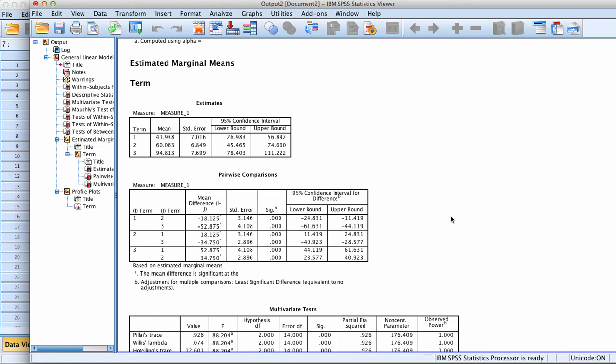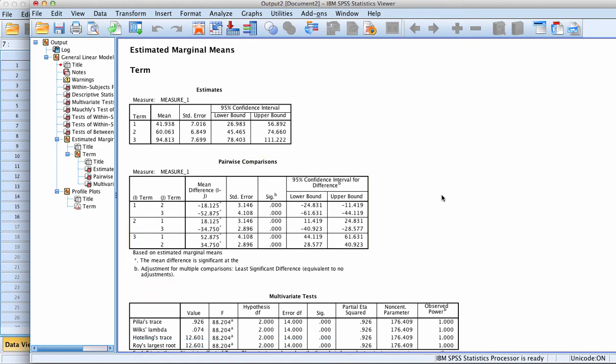So what we can see is that term 1, or the fall term, those scores were significantly lower than term 2 and term 3, because we see the significance levels here, and these are starred.